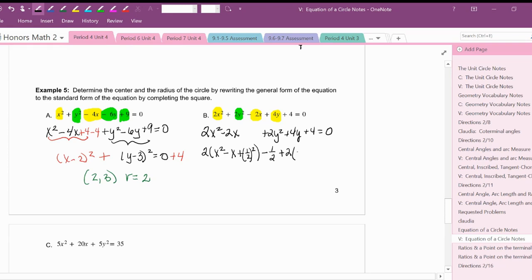Take out 2y squared plus 2y plus 1 squared, but that's really a 2 squared. So 4 equals 0. 2 times x minus 1/2 squared plus 2 times y plus 1 squared. And then we would have a -2 minus 1/2 plus a 4 equals 0.